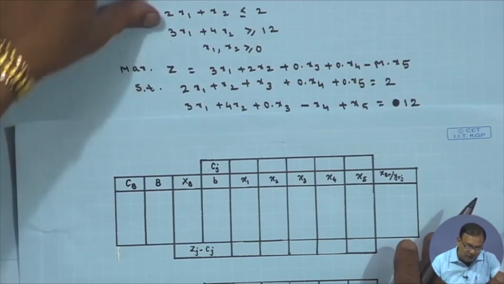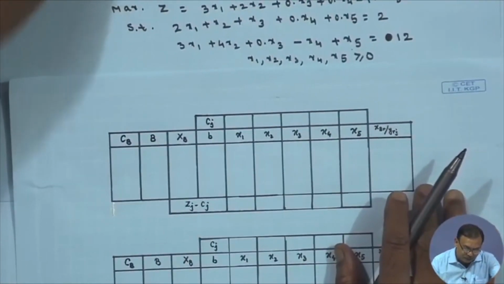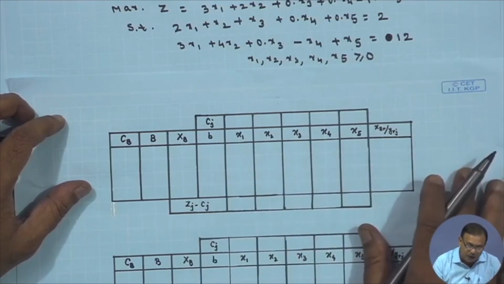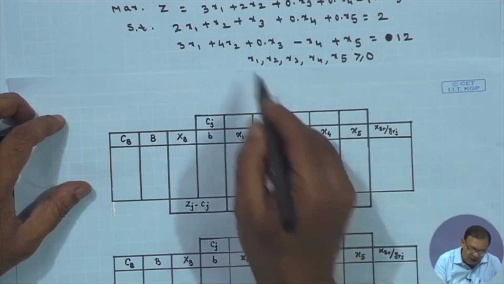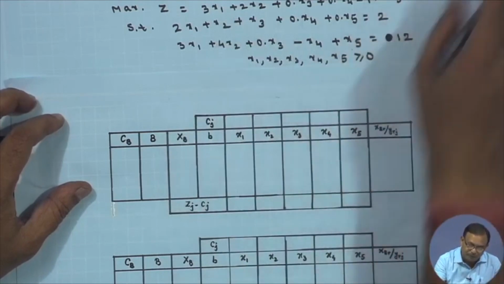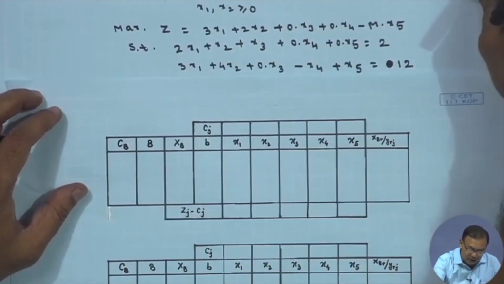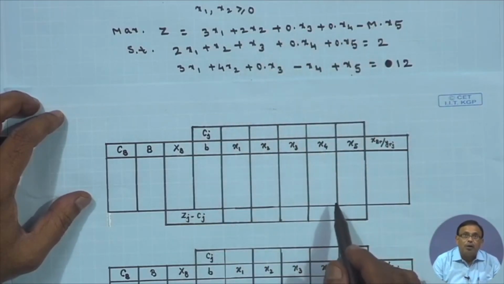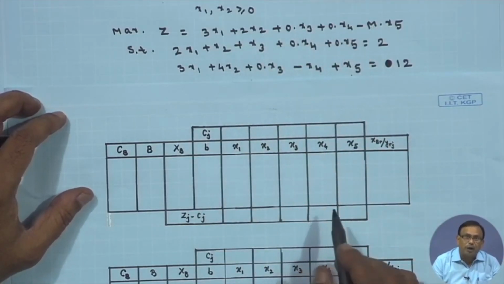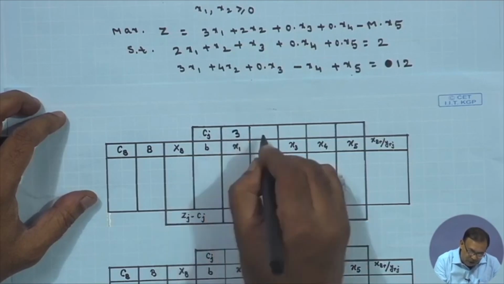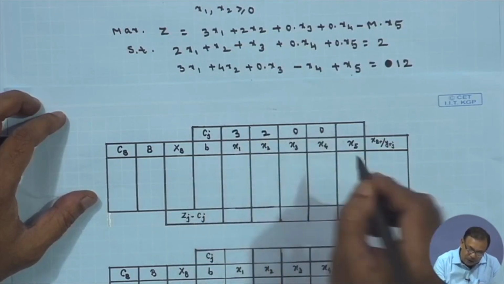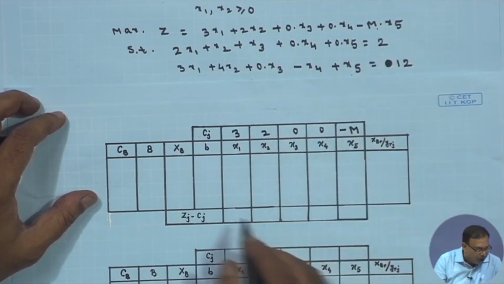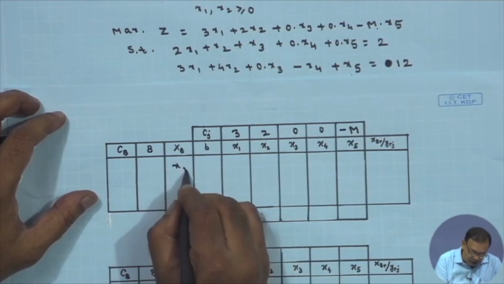If you see here from this particular problem, Cj is the values of the coefficients of the corresponding variables, that is in this case 3, 2, 0, 0, minus M, corresponding to x1, x2, x3, x4, x5. So, it will be 3, 2, 0, 0 and minus M for x5. Your variables in the basis are x3 and x5.